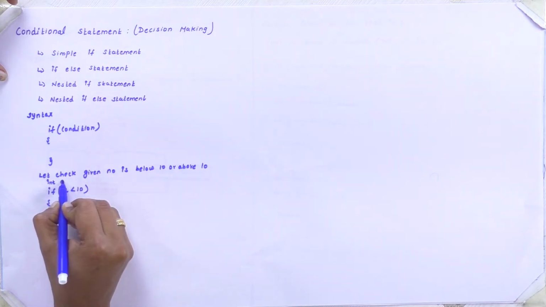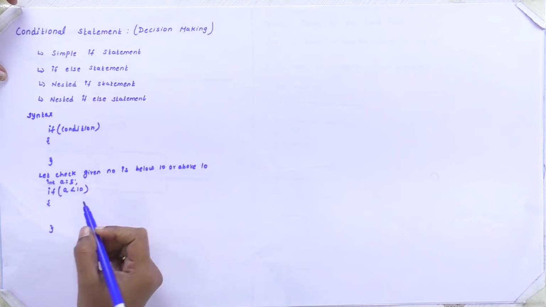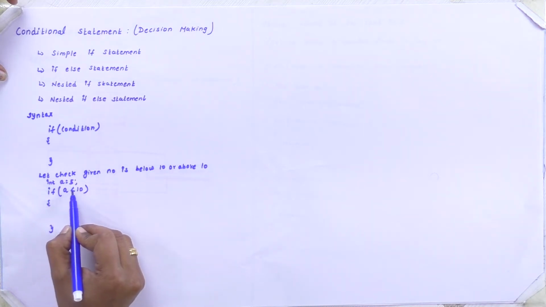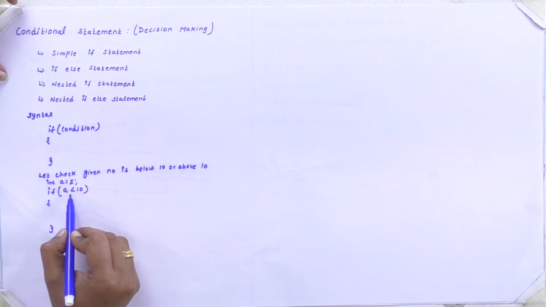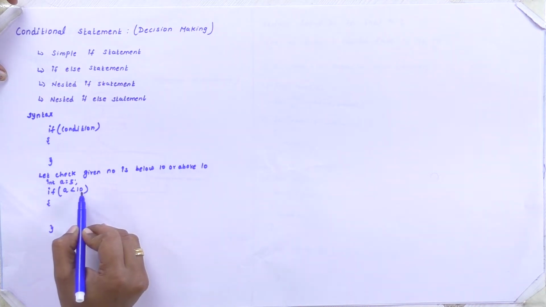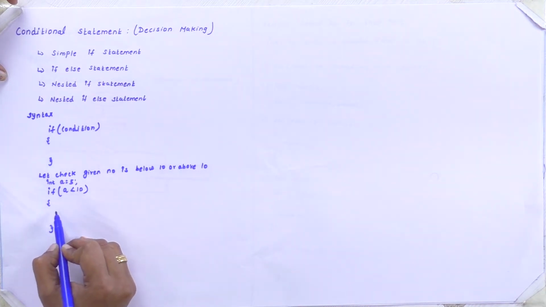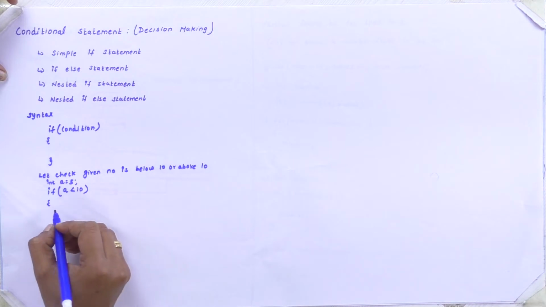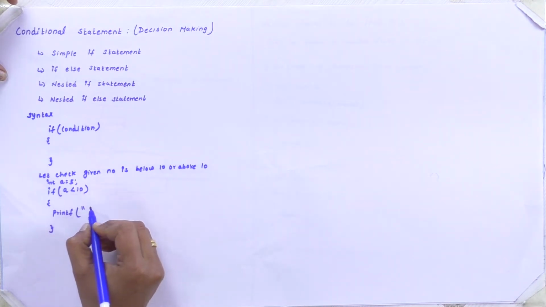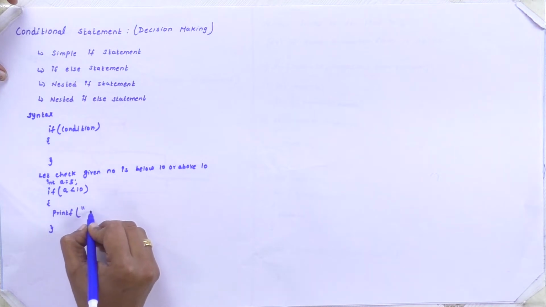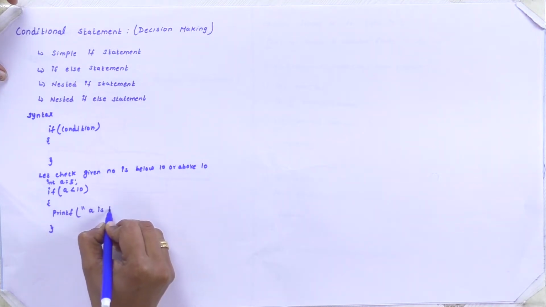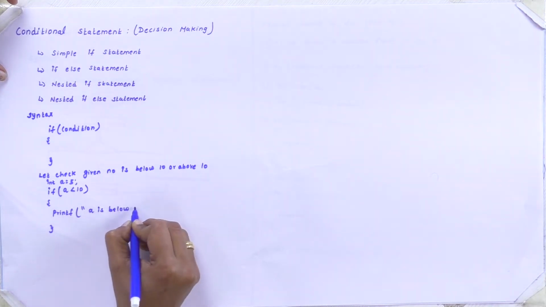For that we are assigning int a equal to 5. So here it applies 5 less than 10, so the condition is true. When the condition is true, the statement inside the if statement will execute. So I am giving printf a is below 10.